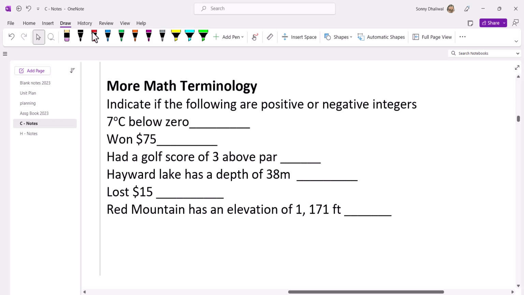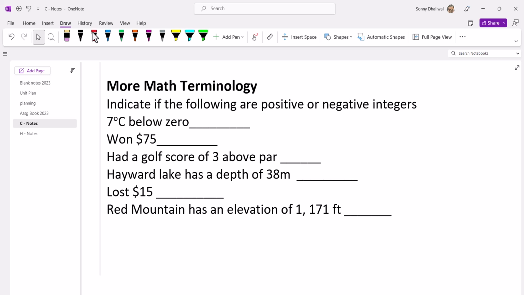Sometimes math terminology gets a little tricky, right? So opposites are on the other side of the number line, but sometimes we don't say positive and negative. We use different words to mean positive and negative. So if I say 7 degrees below 0 as your temperature, am I referring to positive 7 degrees or negative?